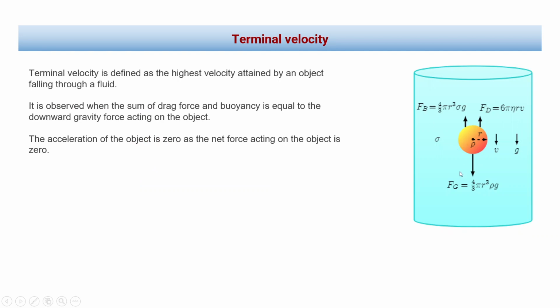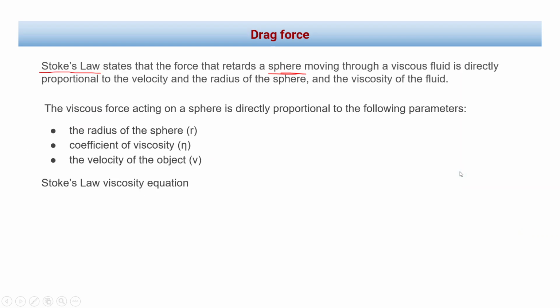There is another force, because it's moving through the viscous liquid. We understood earlier when we were deriving Poiseuille's formula that because they are flowing, they experience viscosity, and that is the cause of the viscous force.